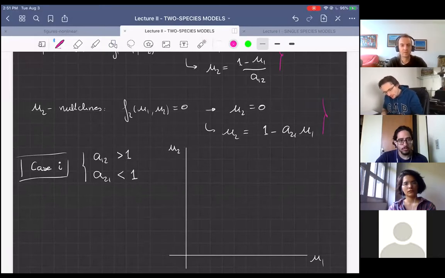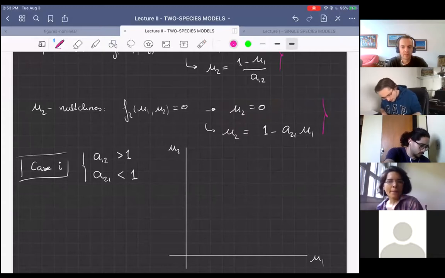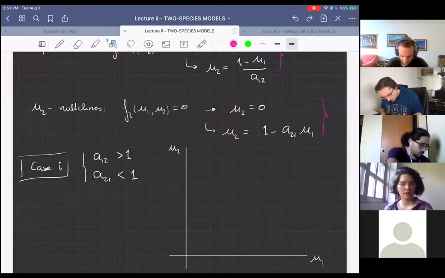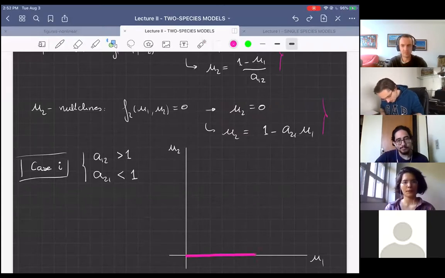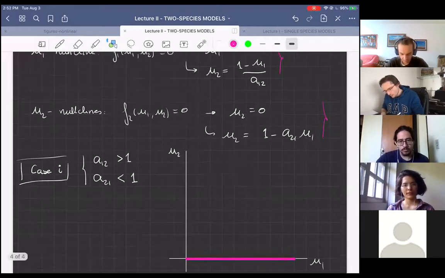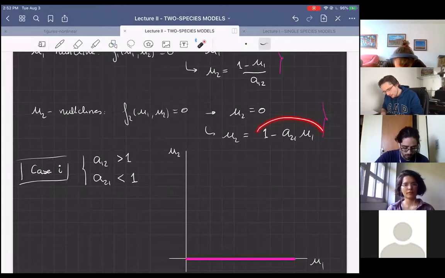So U2 nullclines are these ones here. U2 equal to 0 is the first one. And I said I was going to use pink. So let's draw it. Perfect. This is the first one we have. The second one is this nullcline here, U2 equals 1 minus A21 U1.